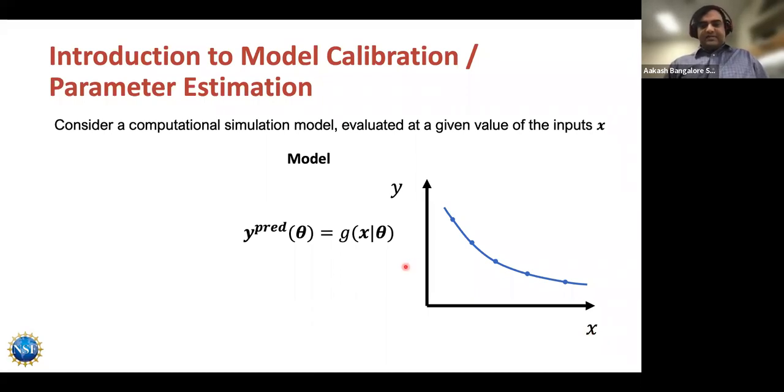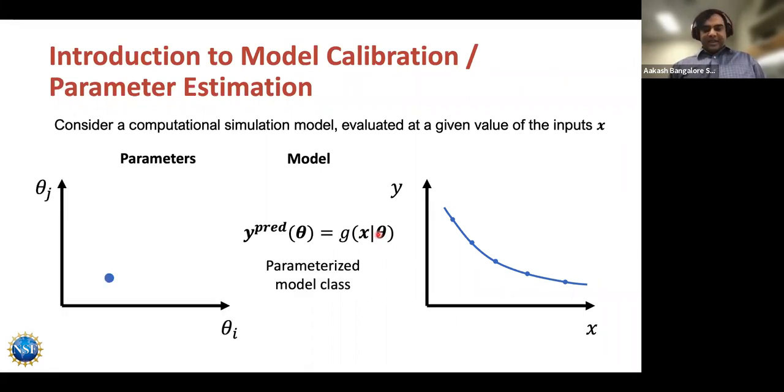Now, as we observe here, the response of the model is conditional on the value of the parameters of that model, which I'm calling by the letter theta here. So essentially what we have is a parameterized model or a class of models. If we look at the parameter space of that model, every point in this parameter space corresponds to one specific model or one specific relationship between the inputs and the outputs.